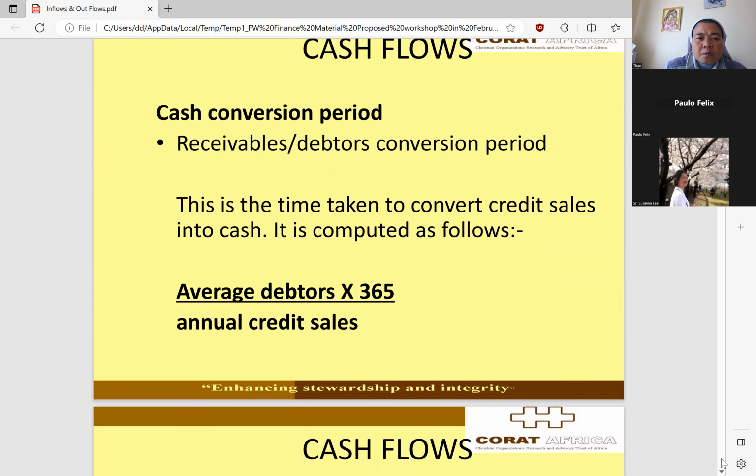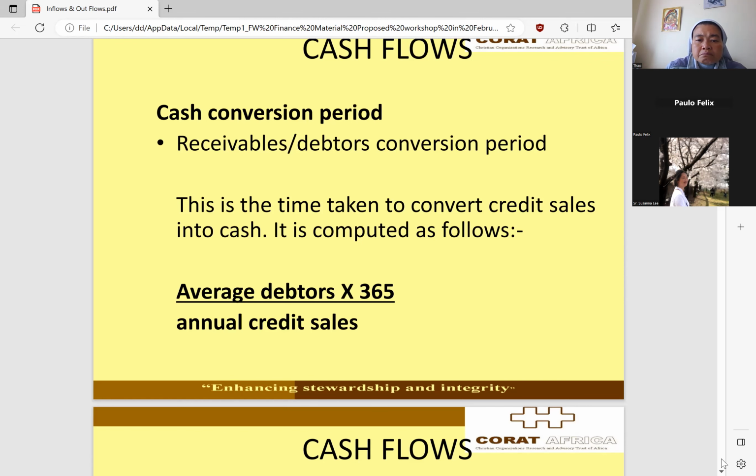Then the cash conversion period, receivables, debtors conversion period. This is the time taken to convert credit sales into cash. It is computed as follows: average debtors divided by the annual credit sales, times 365 days.